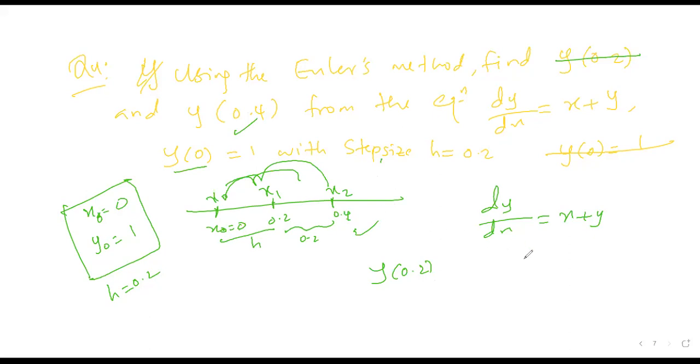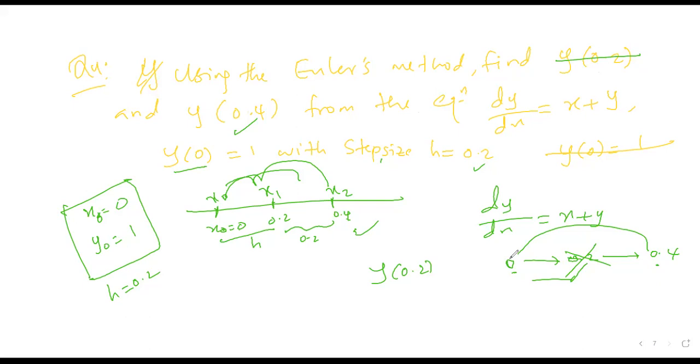You have to go from 0 to 0.2, then only you can go to 0.4. You can't jump from here to here. You have to be careful. Mostly the question may go in order, but sometimes if they want to test your knowledge, you have to write things carefully. So that's all about the summarization of the question.